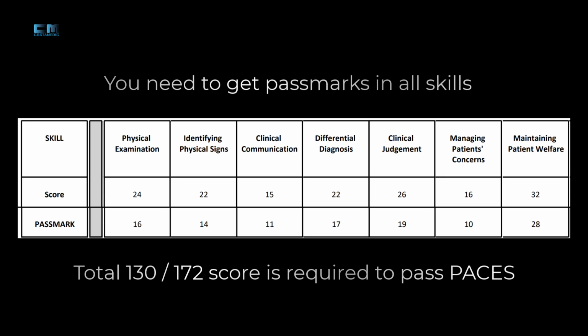For differential diagnosis, you need 17 out of 22. For clinical judgment, you need 19 out of 26. For managing patients' concerns, you need at least 10 out of 16. And for maintaining patient welfare, you need 28 out of 32. And you need at least 130 out of the total 172 score in PACES.